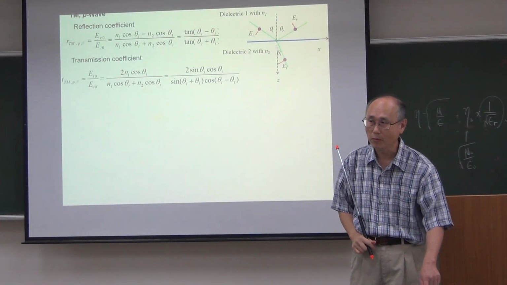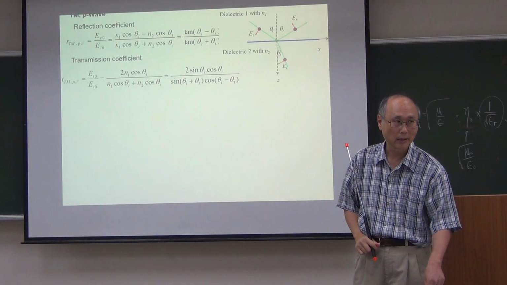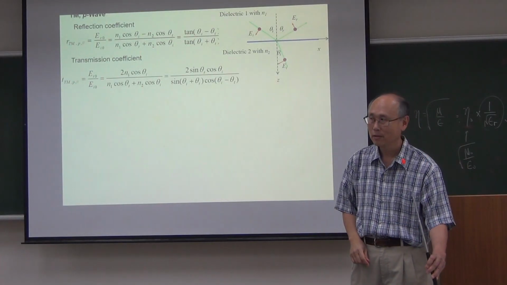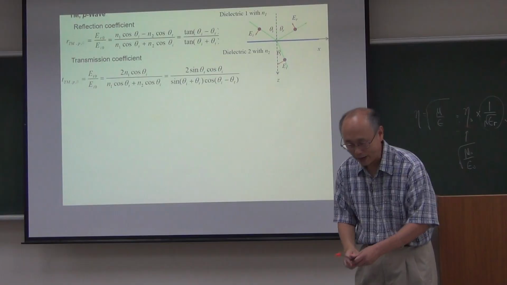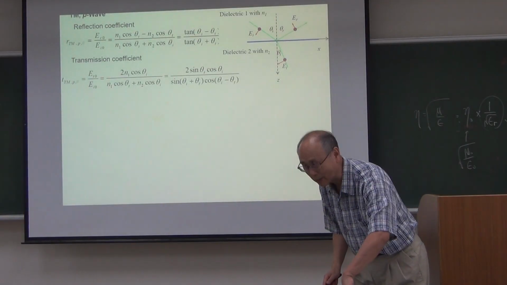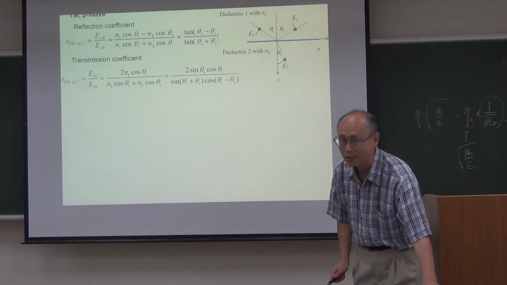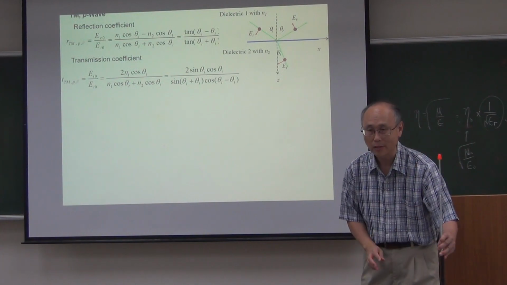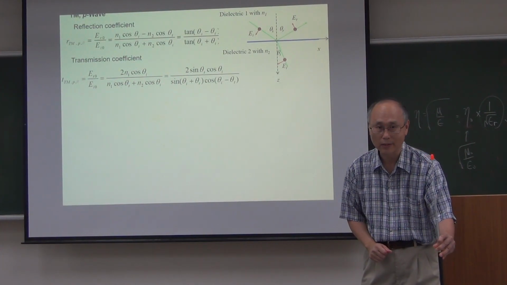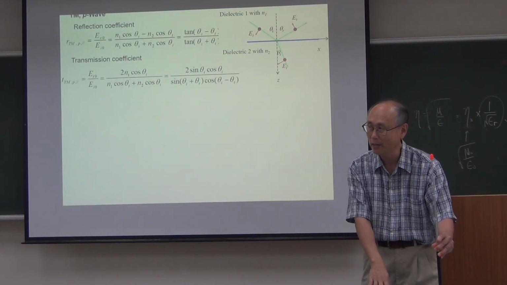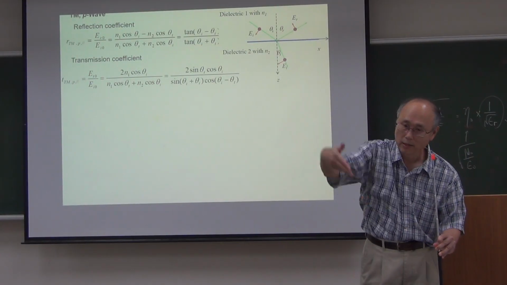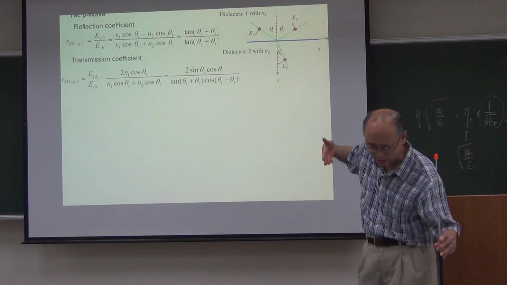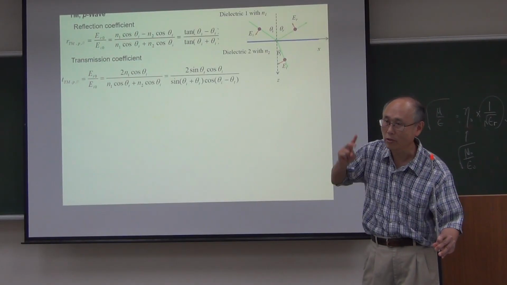If you have a material interface, there's a surface, right? So this is the surface normal of the plane, and then you have a wave propagating down from this direction or from this direction. So you have two lines.